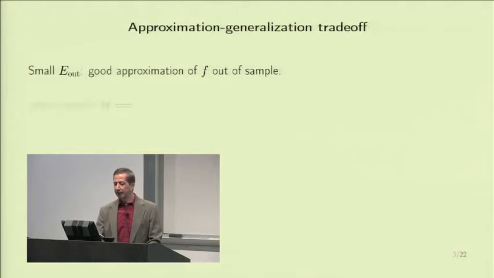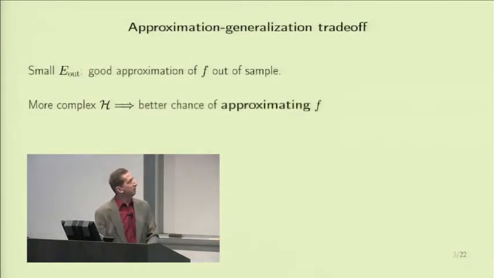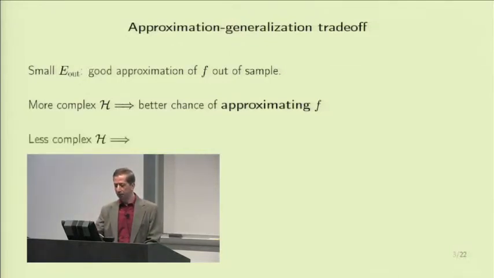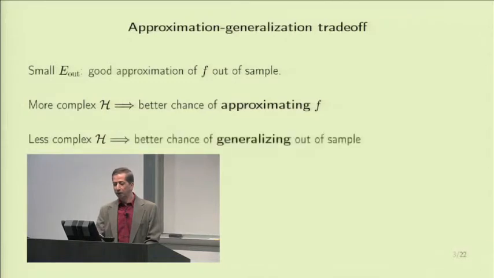And in the case of a more complex hypothesis set, you are going to have a better chance of approximating f, obviously. Okay? I have more hypotheses to run around. I will be able to find one of them that is closer to the target function I want. The problem is that if you have the bigger hypothesis set, you are going to have a problem identifying the good hypothesis. That is, if you have fewer hypotheses, you have a better chance of generalization.